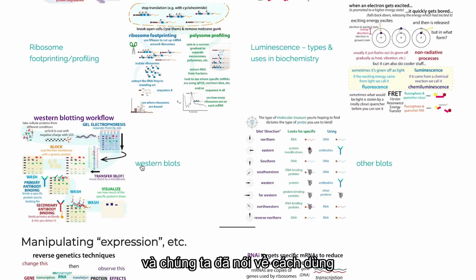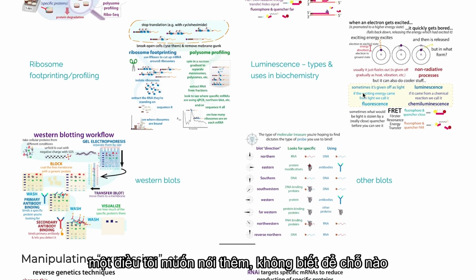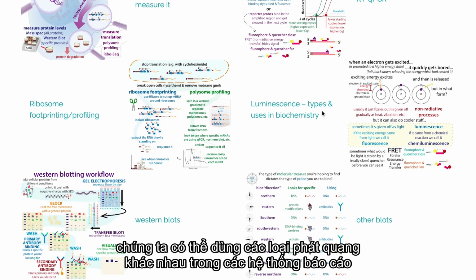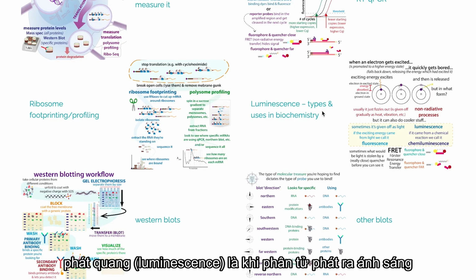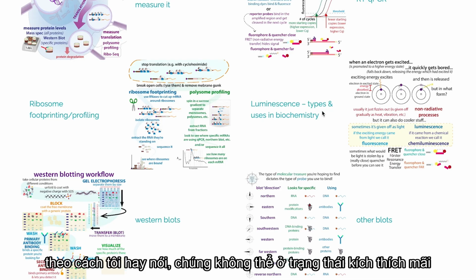And we already talked about how we can use Western blots and other sorts of blots to look for specific molecules. And one other thing I want to mention, I wasn't sure where to put this, but basically we can use different types of luminescence in various reporters. Luminescence refers to when a molecule gives off light. Molecules give off light when they have electrons excited, and then those excited electrons kind of get bored, as I like to say.